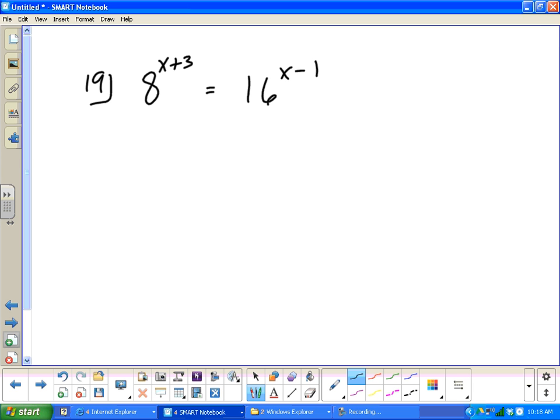That's what I would think first. But you said you could write both sides with a base of 2. Somebody said 4. You can't write 8 with a base of 4, but you could do 2. How could I write 8 with a base of 2? To the third. So it'd be 2 to the third to the x plus 3. And 16 you could write as 2 to the 4.